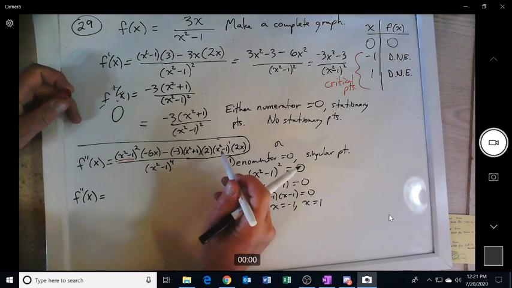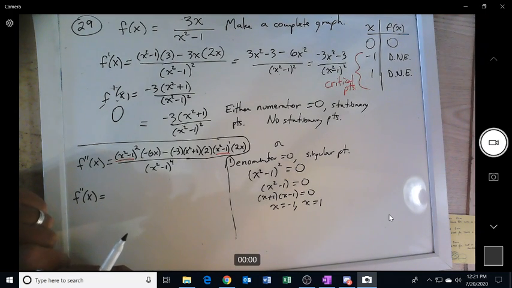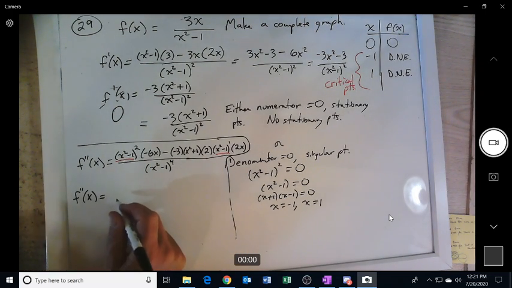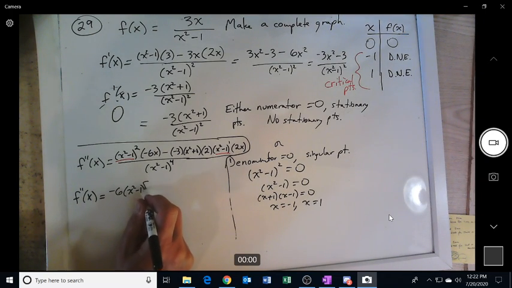All right, the numerator has this and this in common, and it also has a negative 6 in common. So I'm going to factor out negative 6 times x squared minus 1.